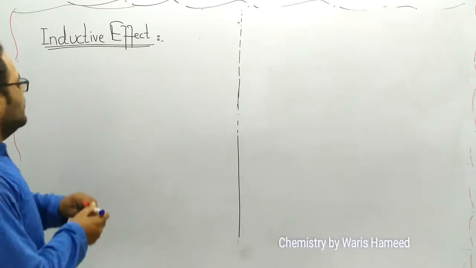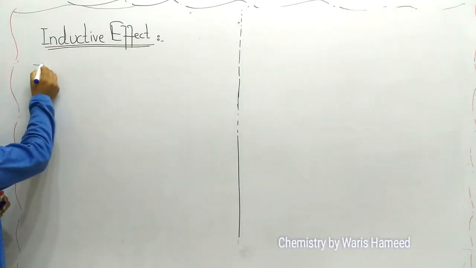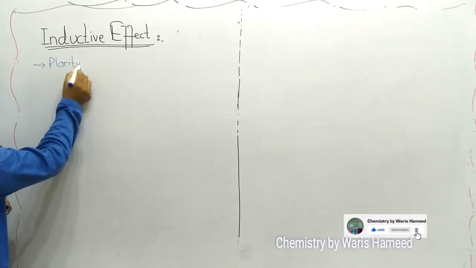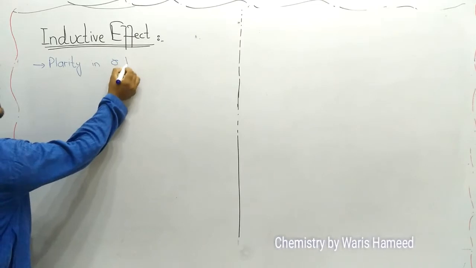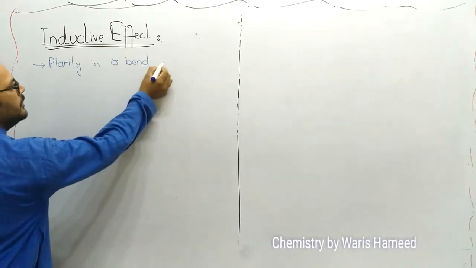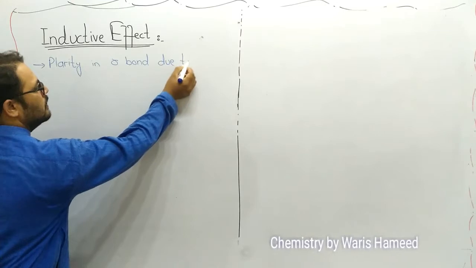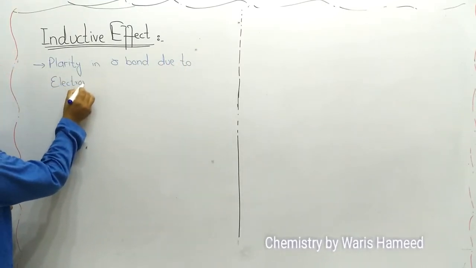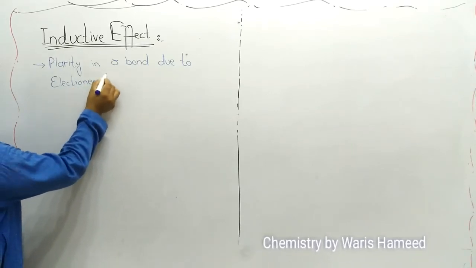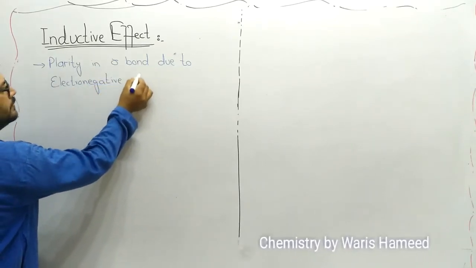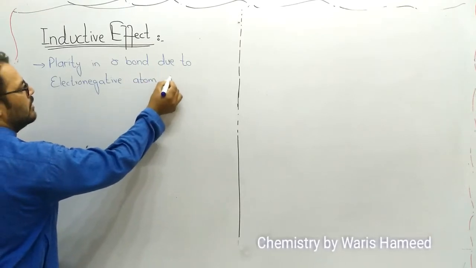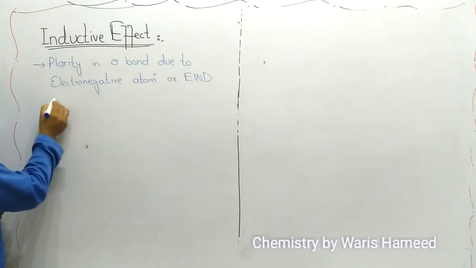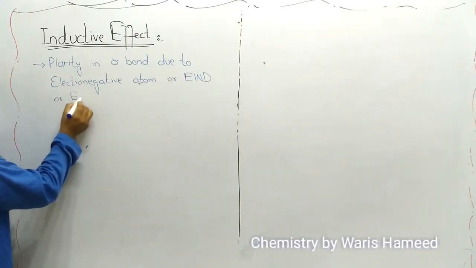What is inductive effect? Inductive effect is actually polarity in a sigma bond due to an electronegative atom or electron withdrawing or electron donating group.